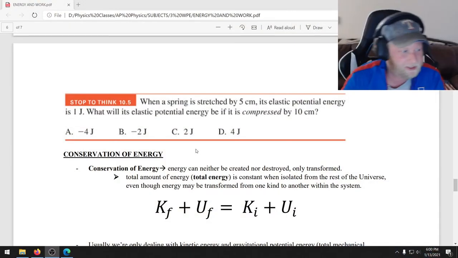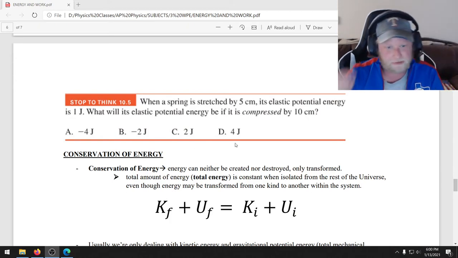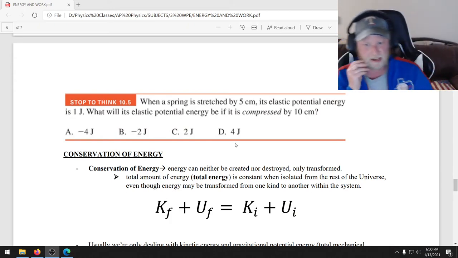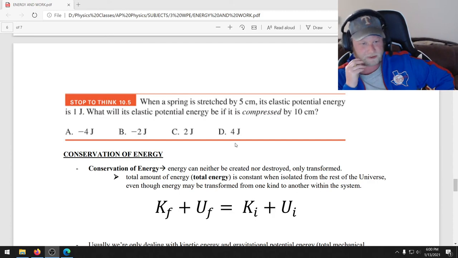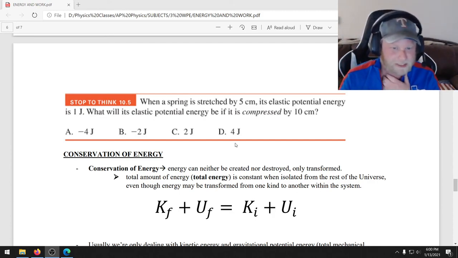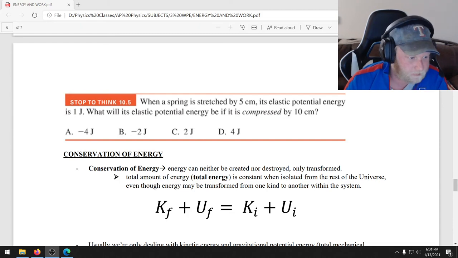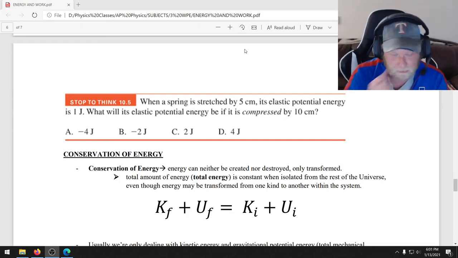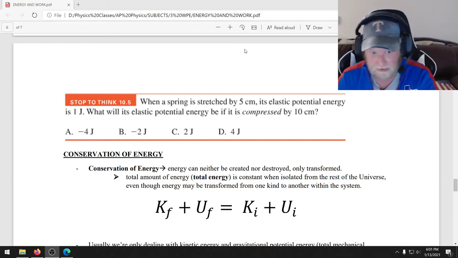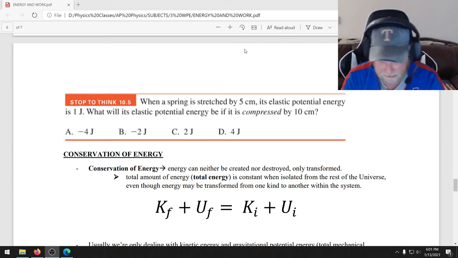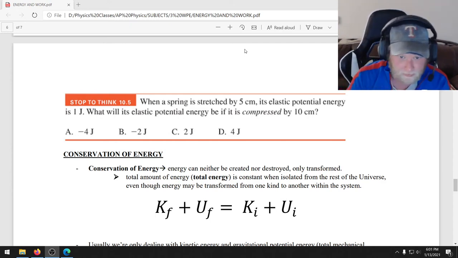Now lastly, take a look at Stop to Think 10.5. We've got a spring, it's stretched by 5 centimeters, and its elastic potential energy is 1 joule. What will be its elastic potential energy if it's compressed by 10 centimeters? So take a few minutes, pause the video, see if you can figure that out. All right, a good place to start would be to find the spring constant.